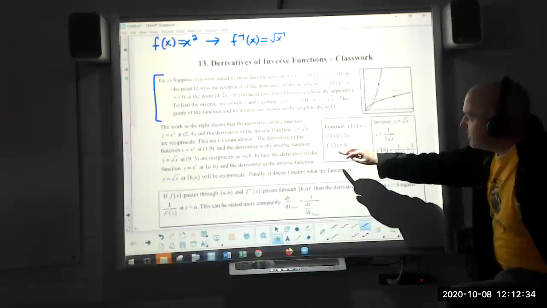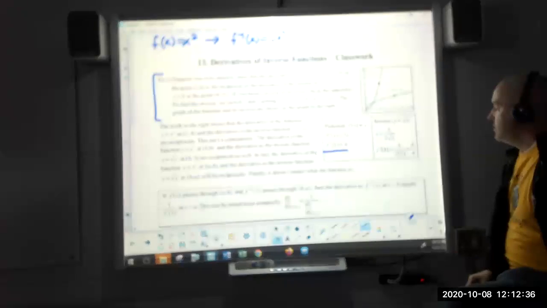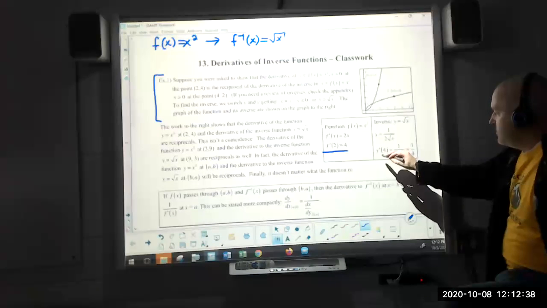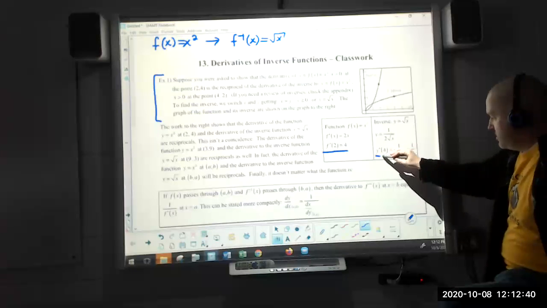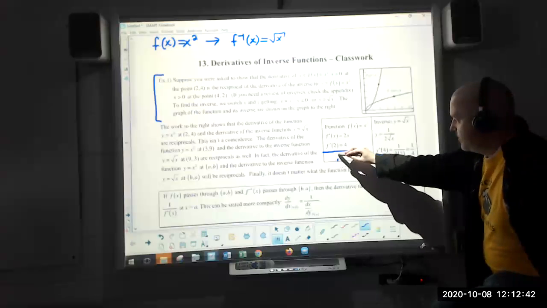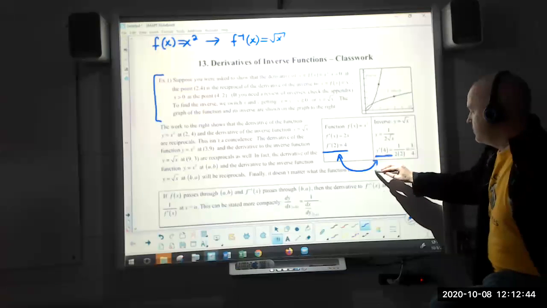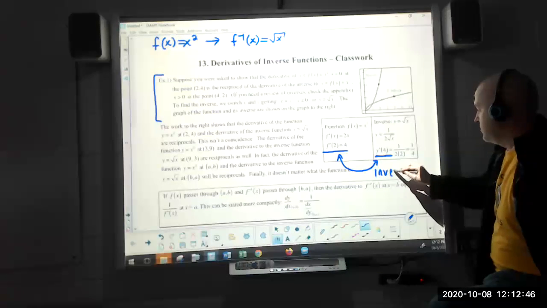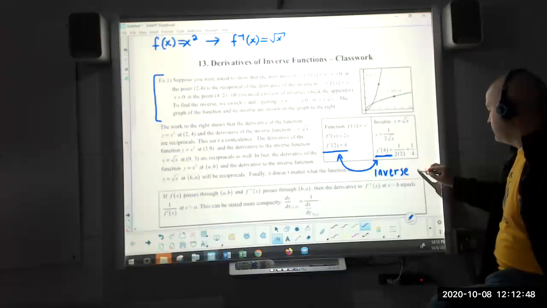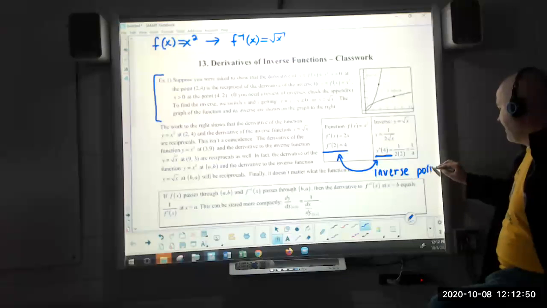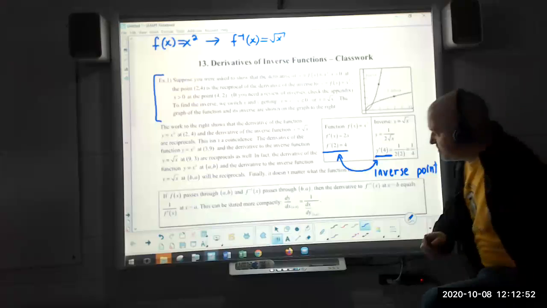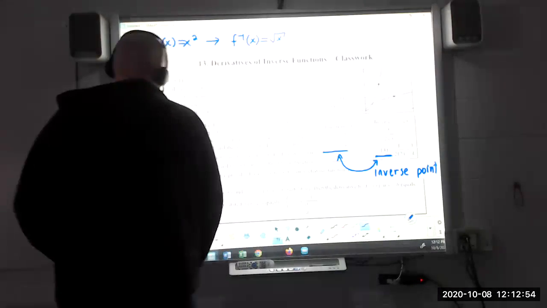Okay, so if we're looking at f prime of 2, what you would expect is to look at the inverse at 2, but you don't. That's because we're talking about the inverse point.